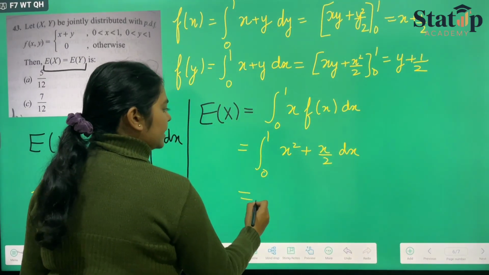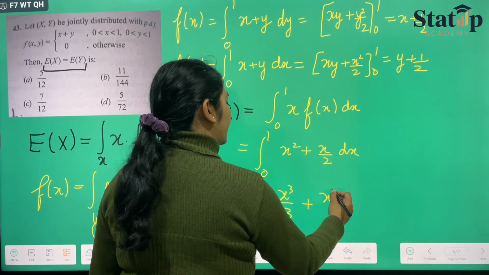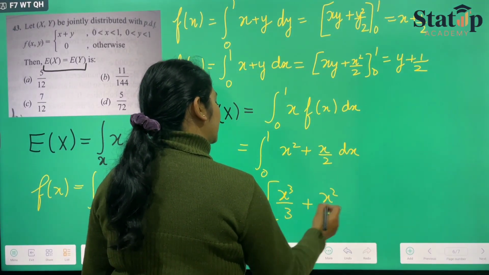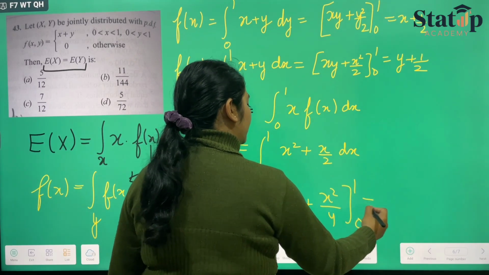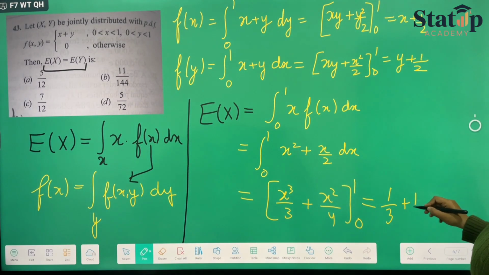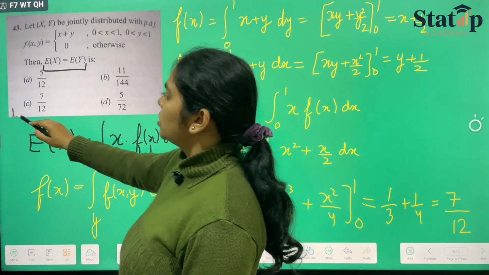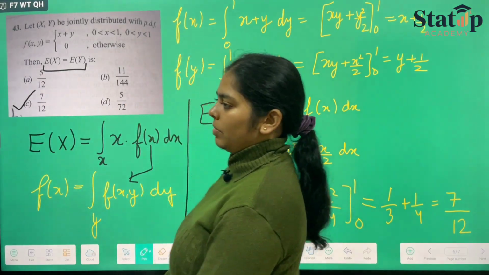If we integrate it, we'll be left with x cube by 3 plus x square by 4 with the limits 0 and 1. If we put the limits, it will be 1 by 3 plus 1 by 4, which is nothing but 7 upon 12. And hence our answer for this question is option C, 7 upon 12.